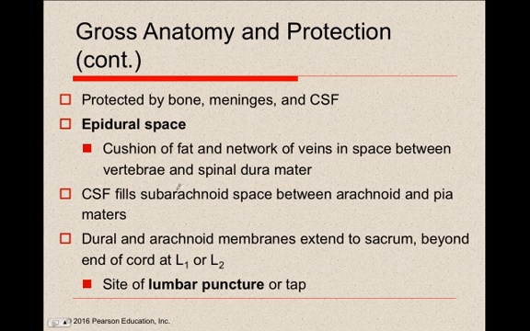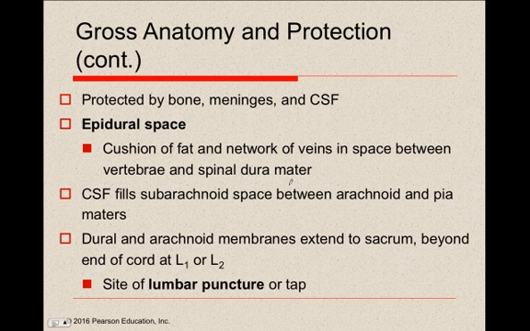We also have an epidural space above the dura mater, just like we did in the brain. It's going to be a cushion of fat and a nice network of veins, in the space between the vertebra and the actual dura mater. So that space between the outer layer of the meninges, the dura mater, and the vertebra is cushioned with fat from the epidural space.